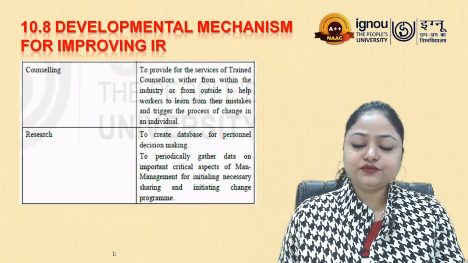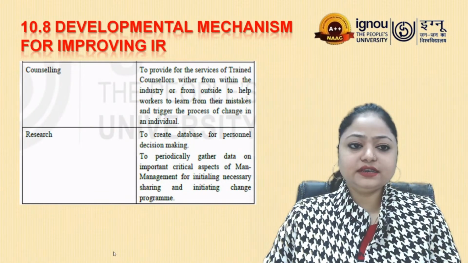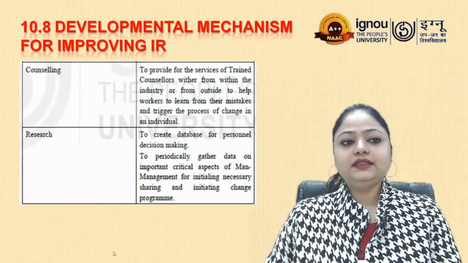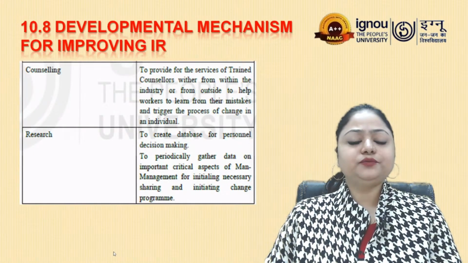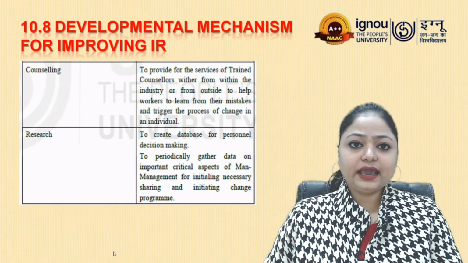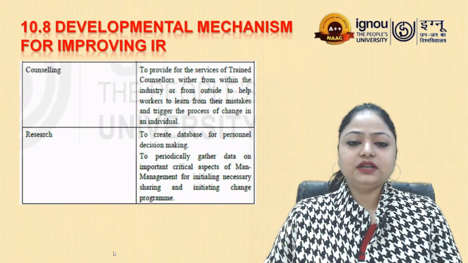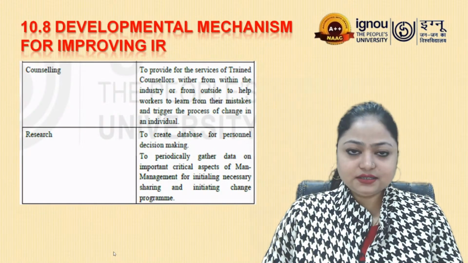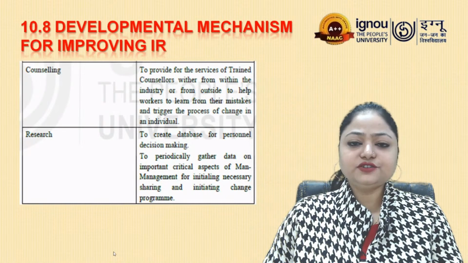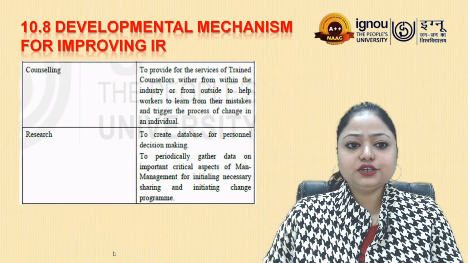Then counseling, which we have already dealt with in the last units, unit 8 and unit 9, where we have seen that counseling, coaching, and mentorship programs are very helpful and are a great mechanism or tool for human resource development. So these are also considered as a mechanism for the improvement of industrial relations when we have a development approach towards its improvement.